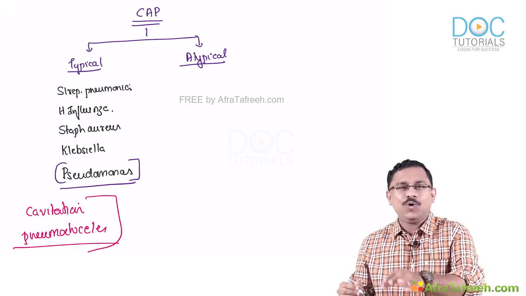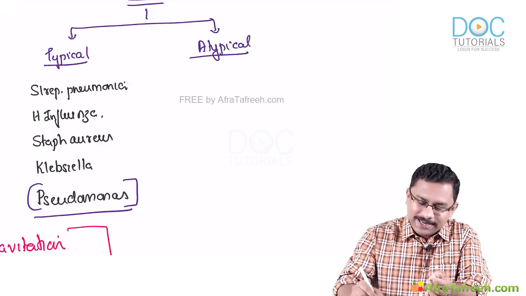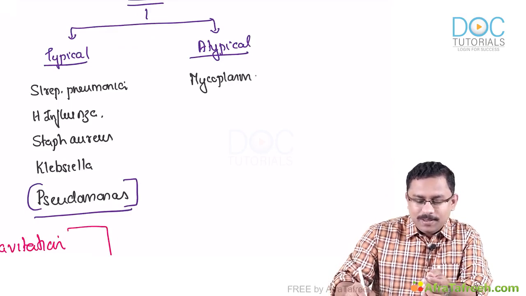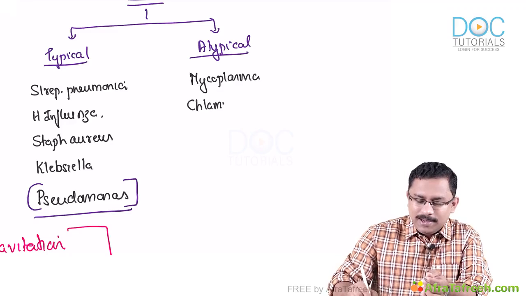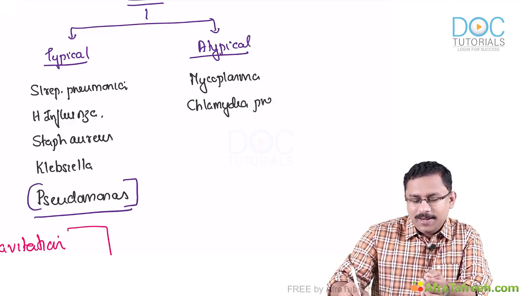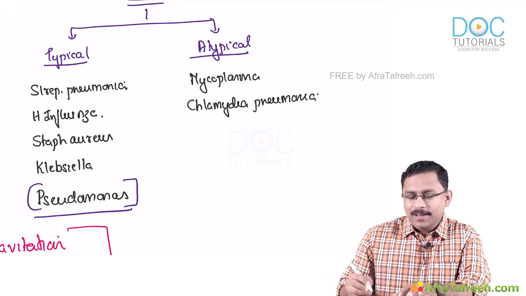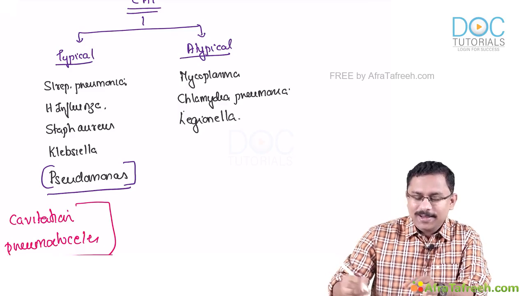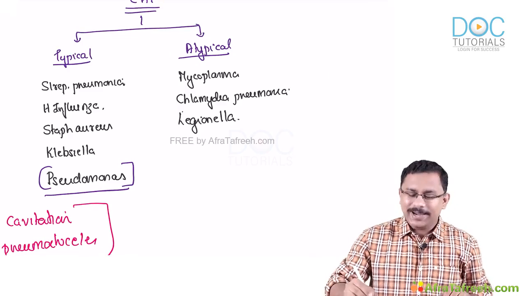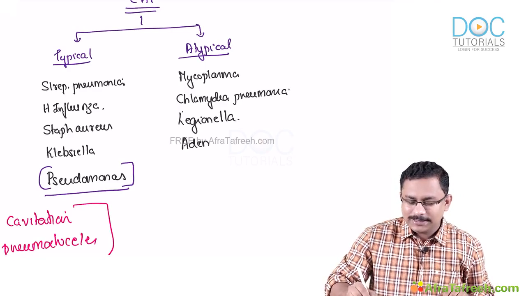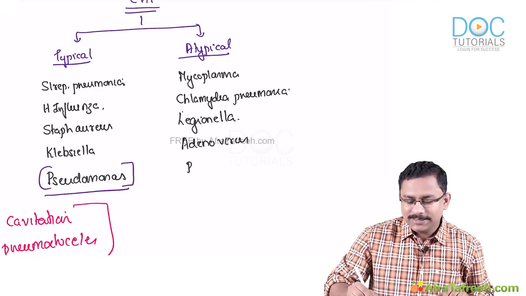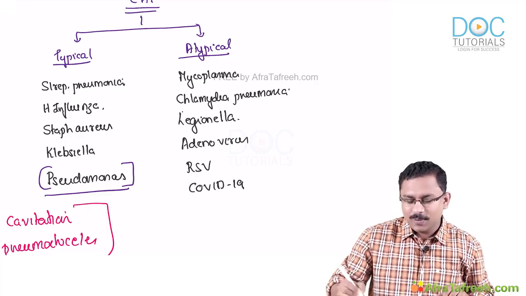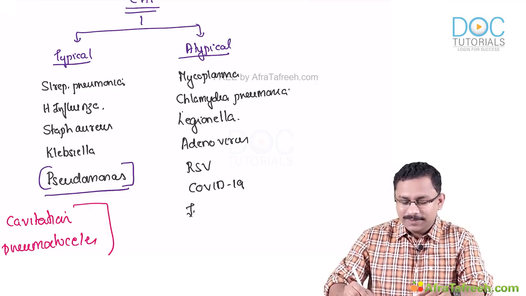So the atypical group would include organisms like Mycoplasma, Chlamydia pneumoniae, Legionella, then the various viruses like adenovirus, respiratory syncytial virus, COVID-19, and influenza.